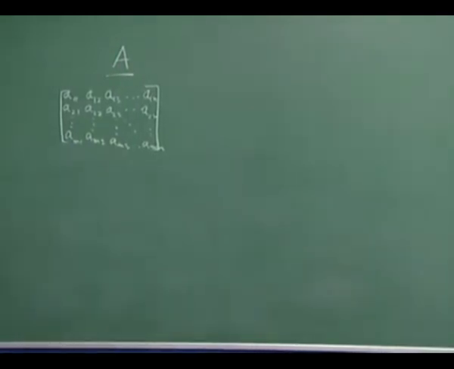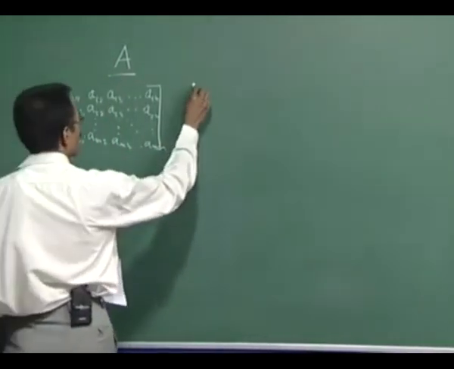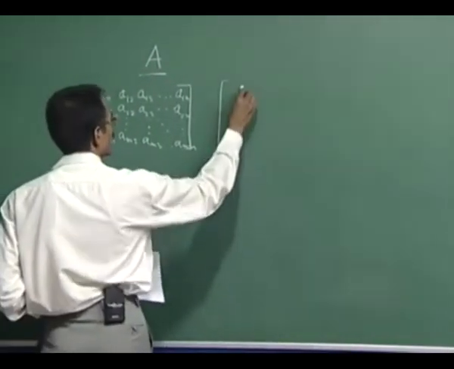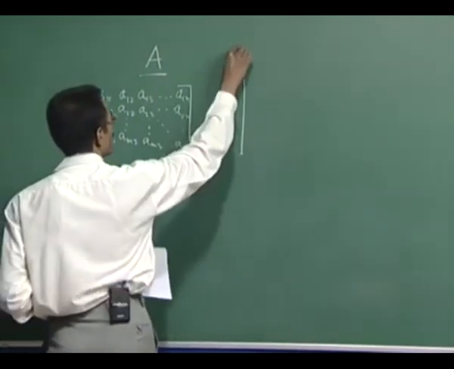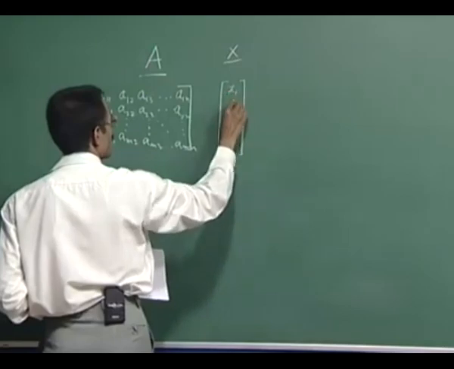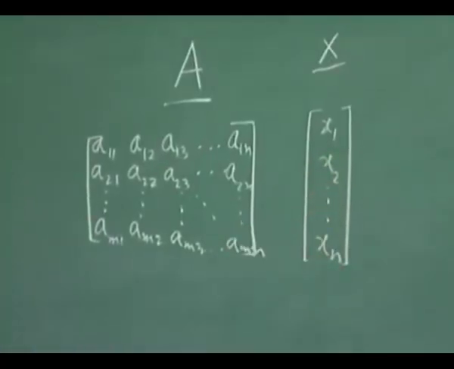Anybody who has gone through undergraduate mathematics knows that when a matrix A operates on, or is multiplied with, a vector in this manner, then as a result you get another vector.